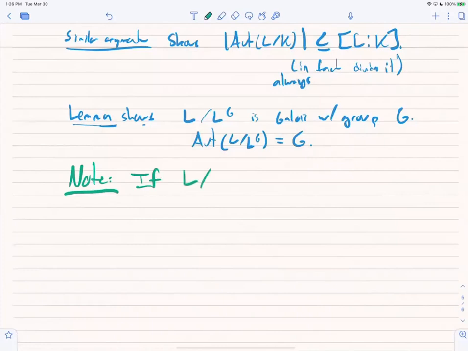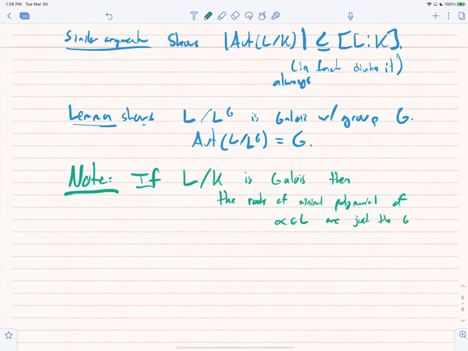If L over K is Galois, then the roots of the minimal polynomial of alpha in L are just the Galois orbit. So anything you can hit by an automorphism.